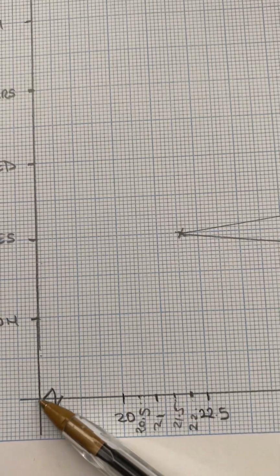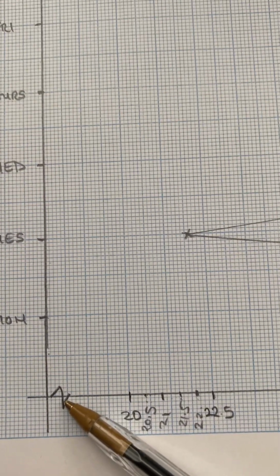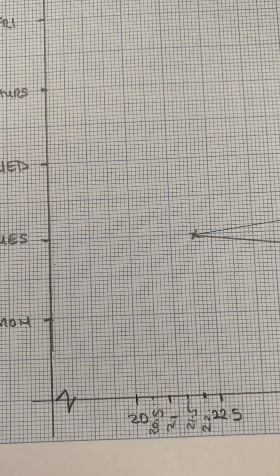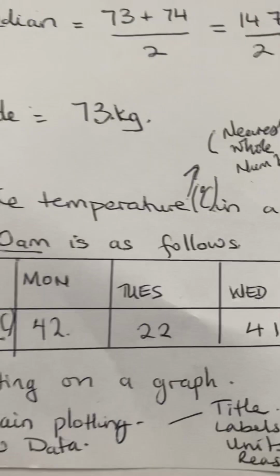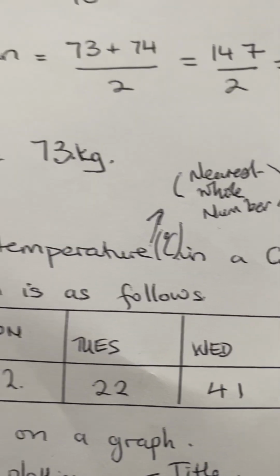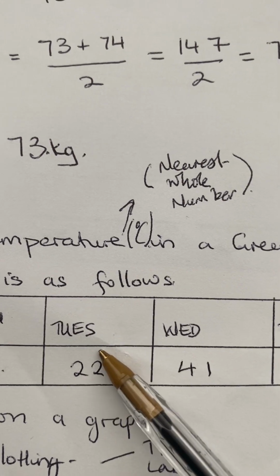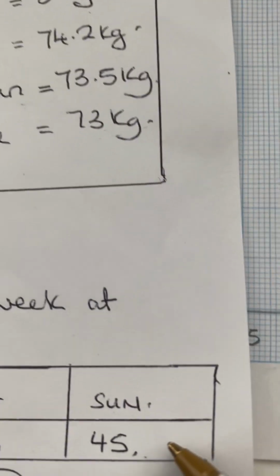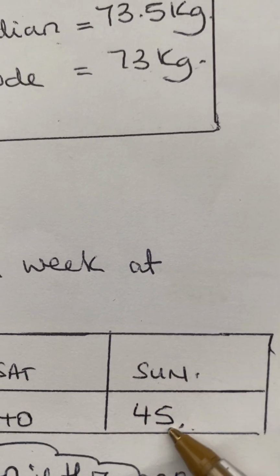Now for my x-axis, I decided to shorten it. This is a shortening sign. Because if you look at my data, my lowest is 21 and my highest is 45.